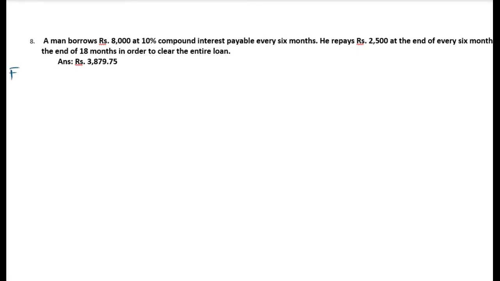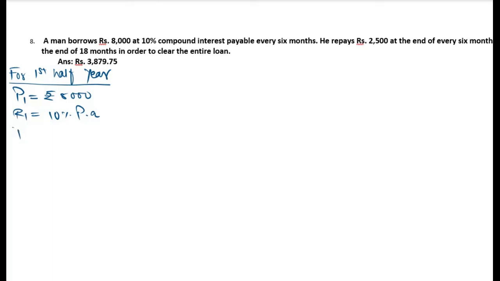So for the first half year, P1 is equal to rupees 8,000, R1 is equal to 10% per annum, and time T1 is equal to 6 months, right? 6 months is half year.